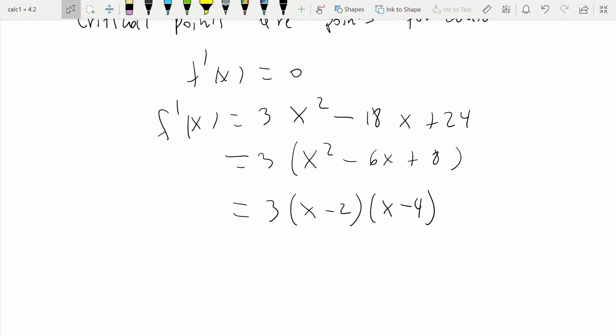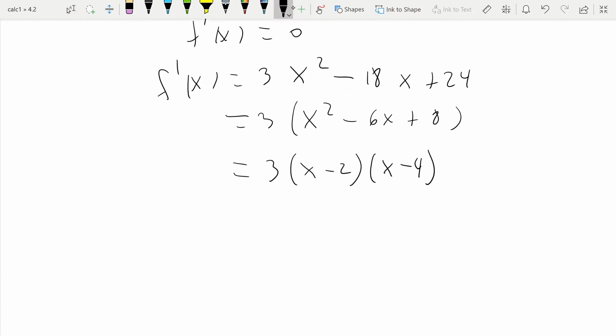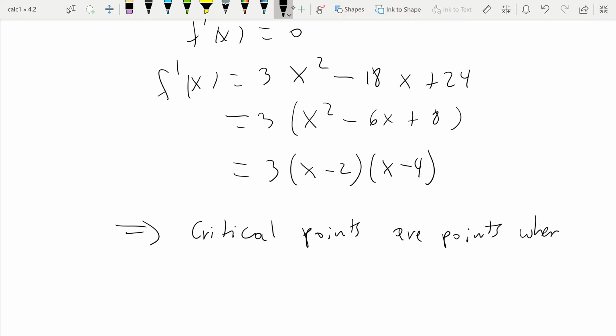And so what are the critical points? The points for which f prime vanishes.